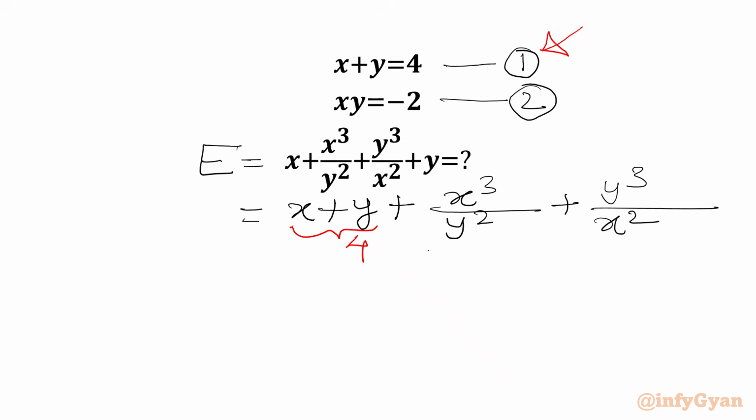But here we have x cube over y square plus y cube over x square. So let's convert our denominators into a common denominator. We need to multiply here with x square, and here with y square.